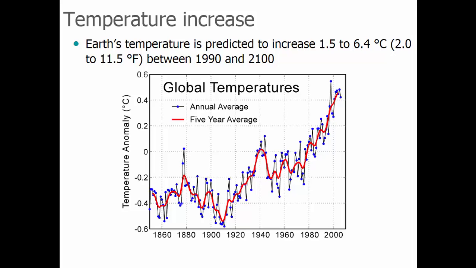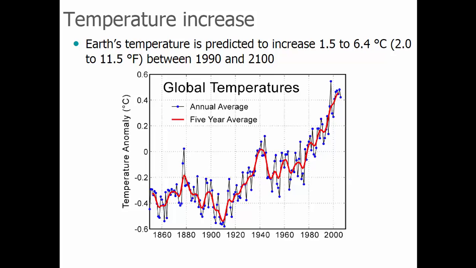So this graph shows temperature anomalies. This is basically how much temperature has changed from the average, so 0 would be average temperature. Again, we look at this graph going from before the Industrial Revolution to after, and obviously temperatures have risen.